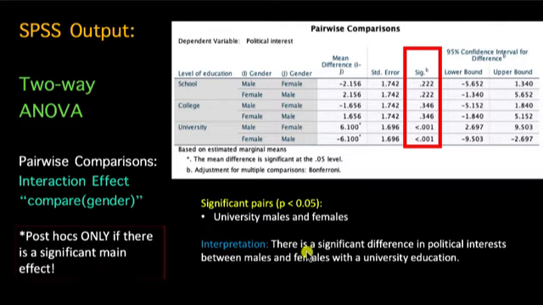Okay, so our interpretation of that would be there is a significant difference in political interests, which is our dependent variable, between males and females who have a university education. All other pairs were not significant, but this is probably one of the reasons that our interaction effect was triggered as significant in our tests of between subject effects table.